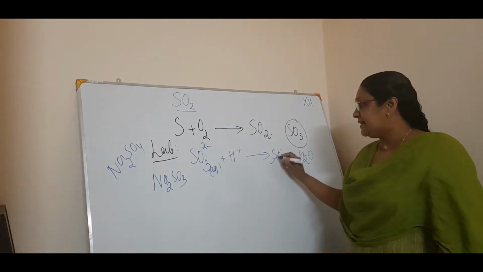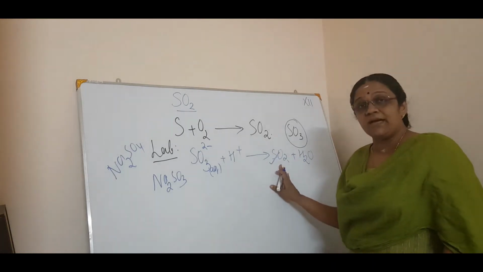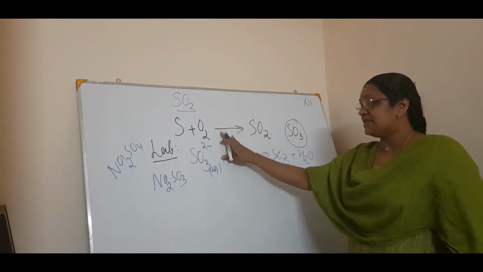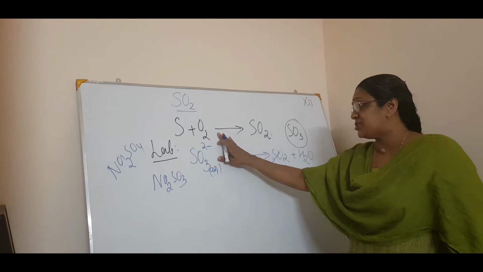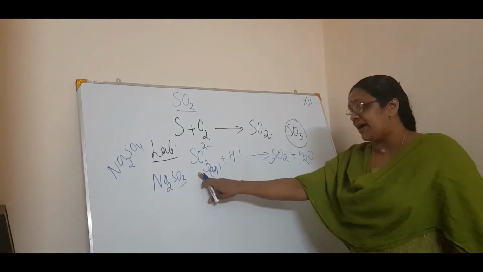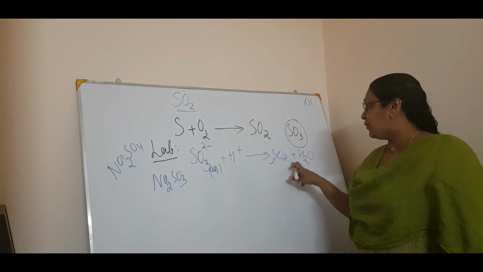By this method, mainly in the lab, you will prepare sulfur dioxide. So first is a simple preparation by direct oxidation, second is a lab preparation.